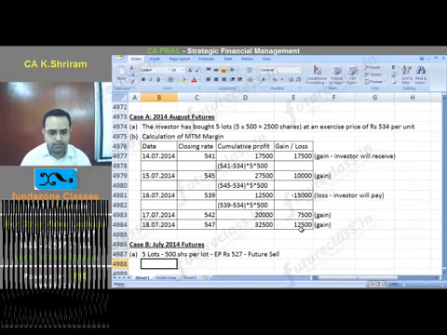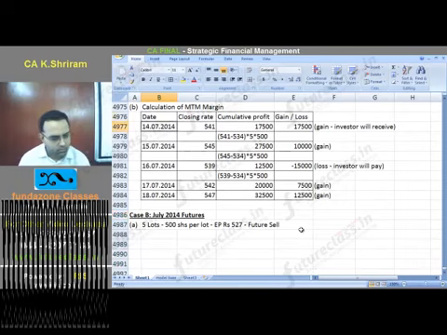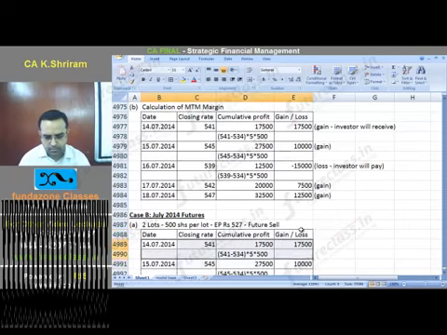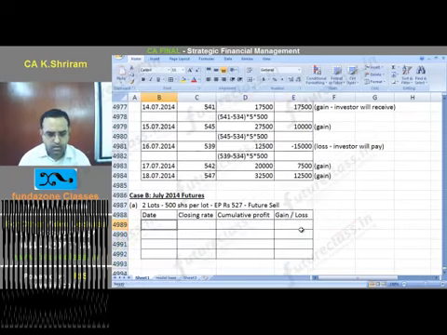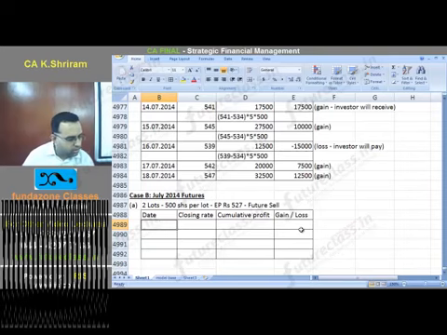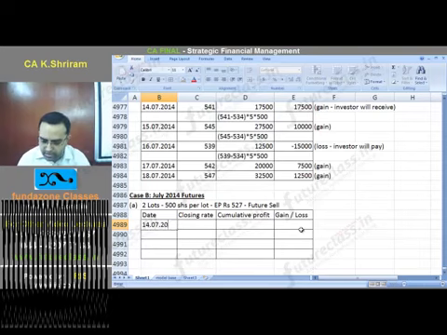Future sell, 2 lots, I'm sorry, 2 lots. Right. Exercise price is 527, so he entered into the contract at 527. 14th July, what is the closing rate? 527. So there is nothing.